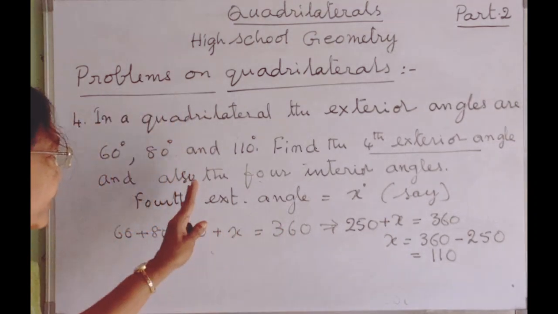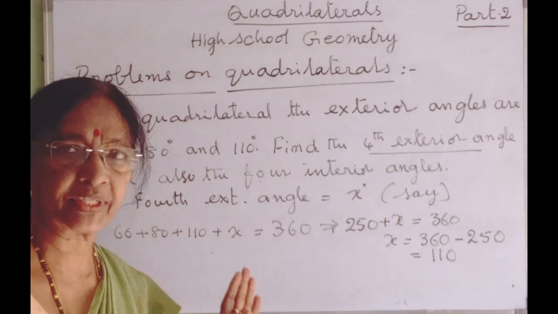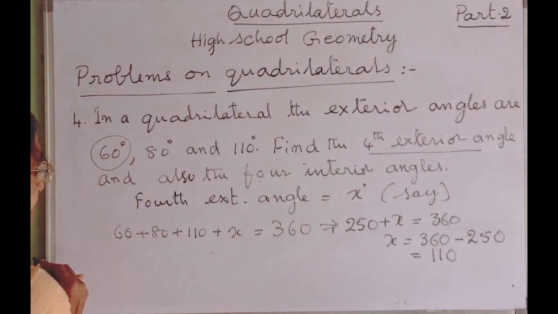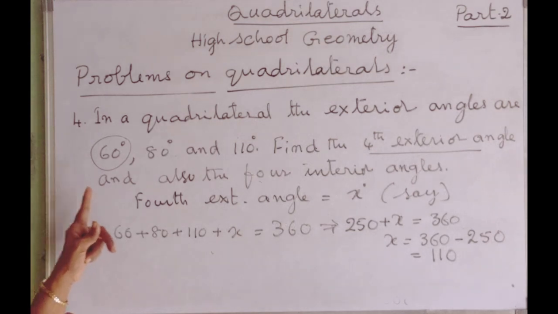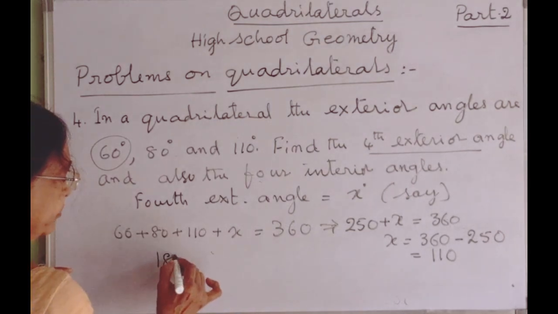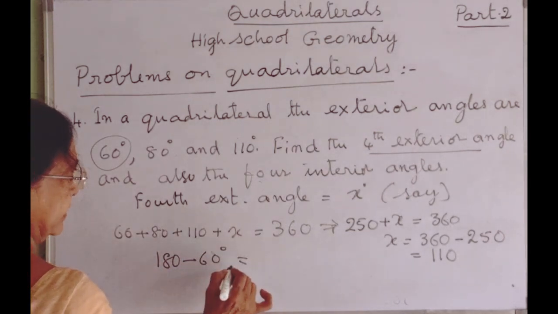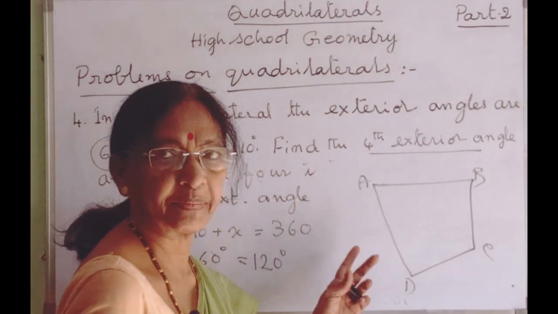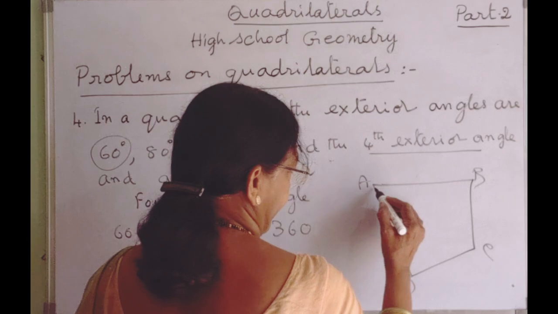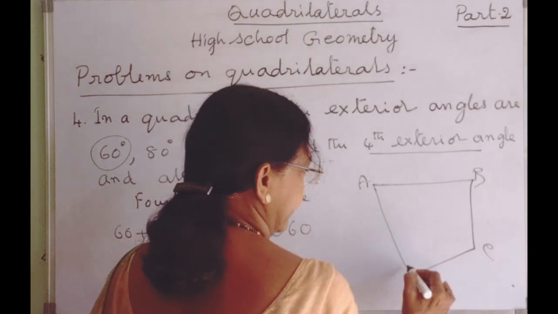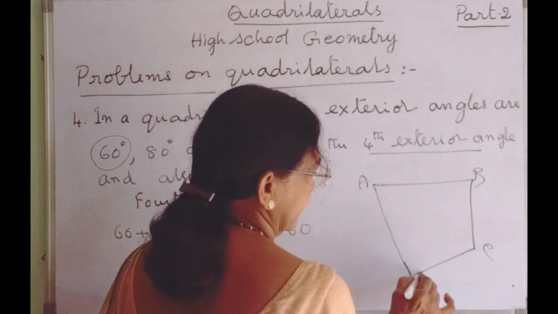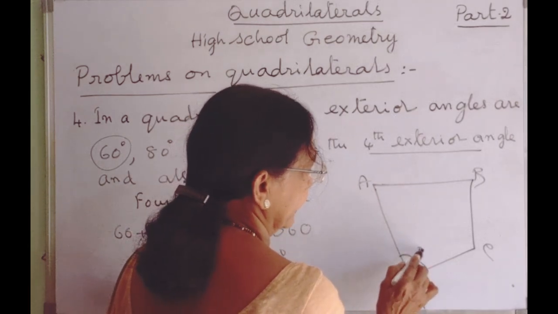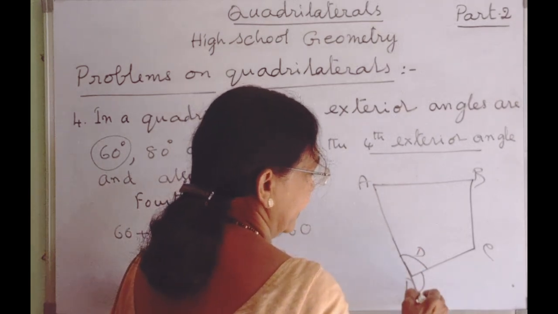Now we have to find out the four interior angles of the quadrilateral. As the exterior angle is 60 degrees, the interior angle at that vertex is 180 minus 60, that is equal to 120 degrees. Suppose ABCD is a quadrilateral. If we extend AD like this, this is the exterior angle at D, and this is angle D, and this is a straight line.